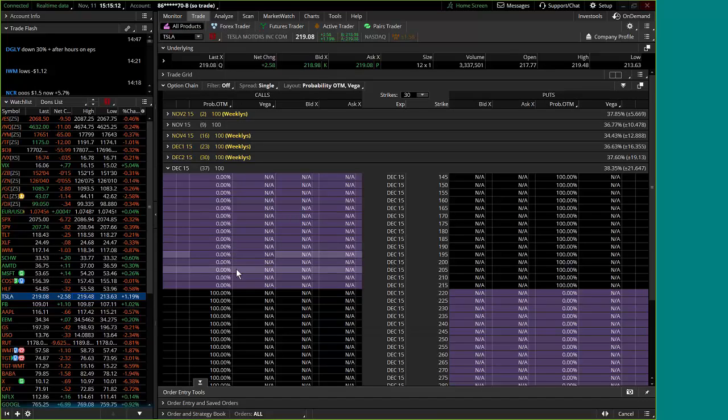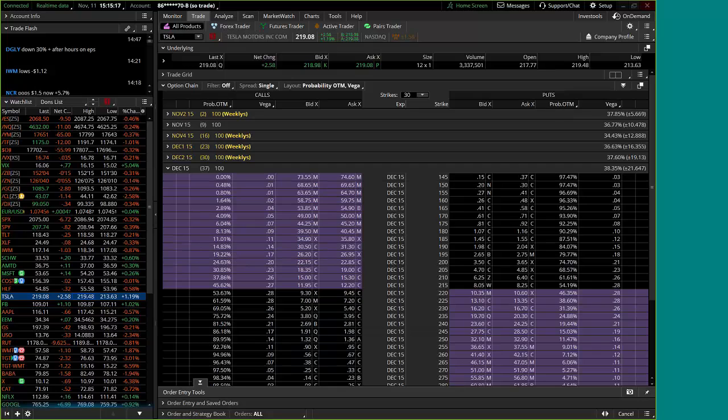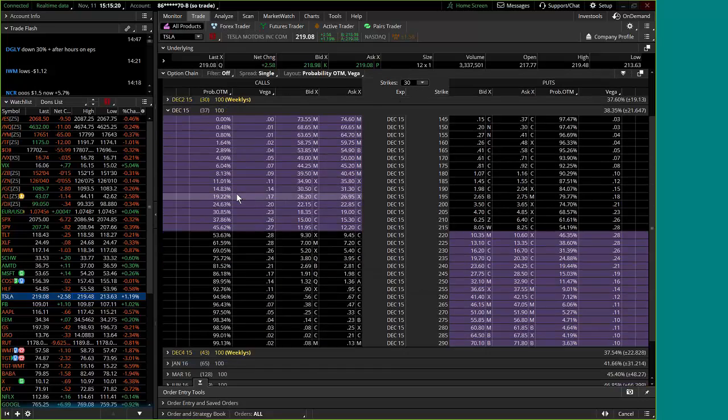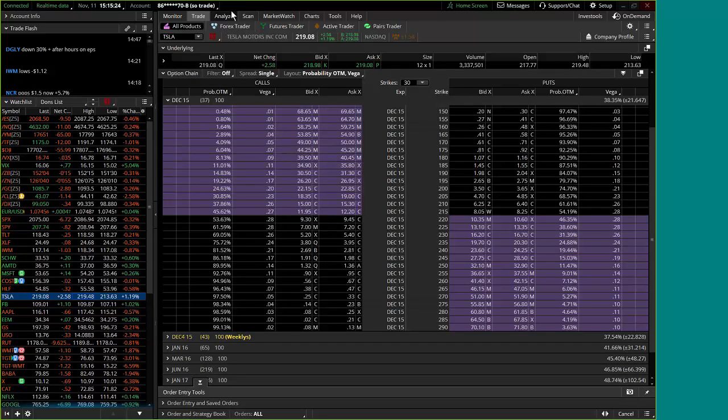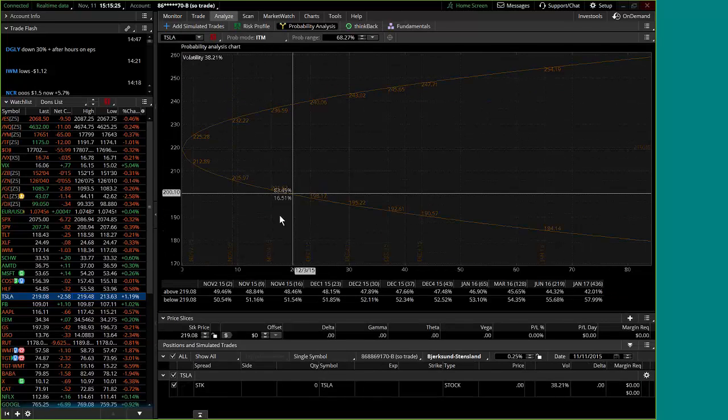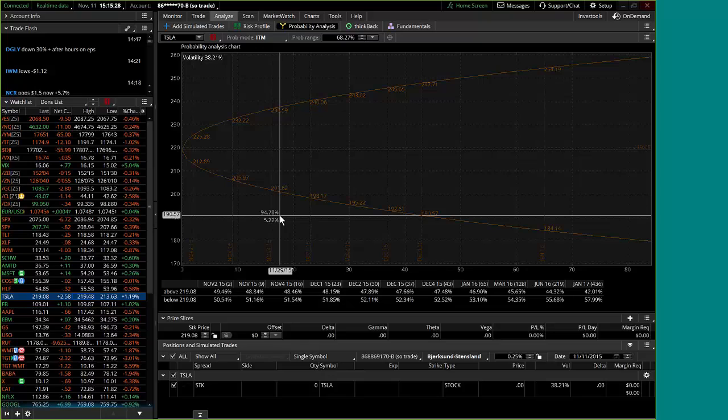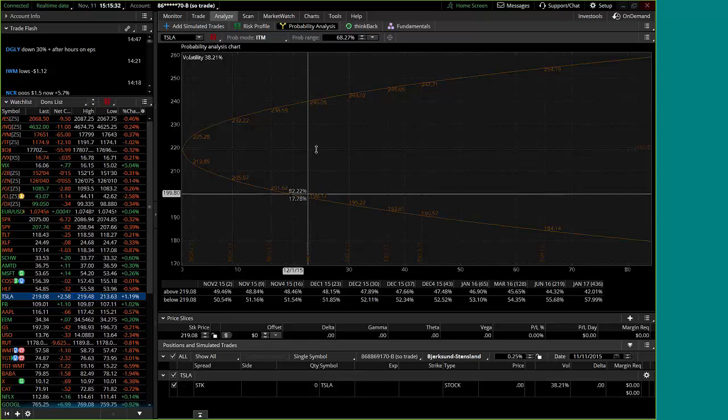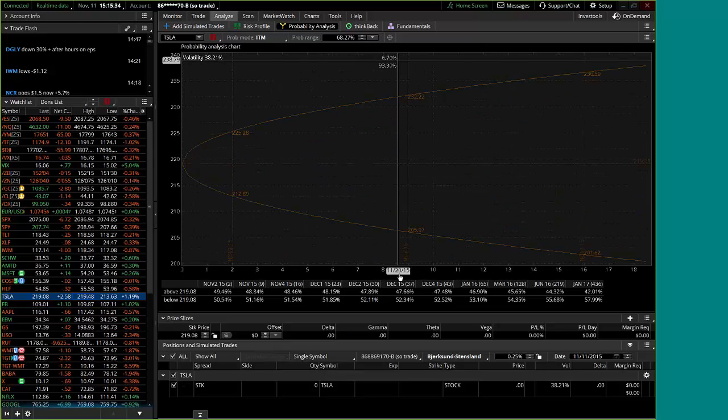The skew is the differential of the out-of-the-money puts to the out-of-the-money calls implied vol. As such, I find that for equity products, the trade tab is fine. For index products, I'll use a little more of the Analyze tab. That's my own liking, and that's why both of them are built different ways in Thinkorswim.